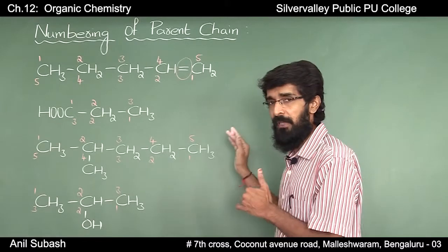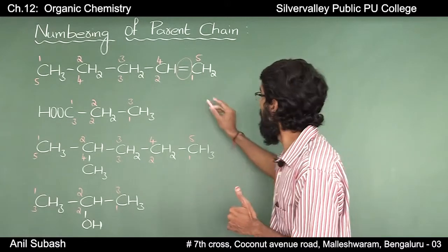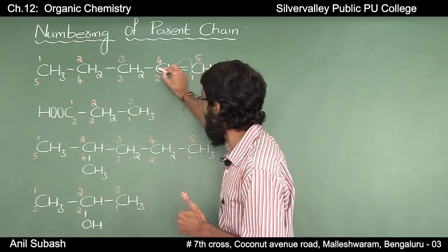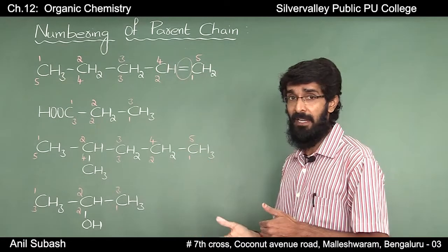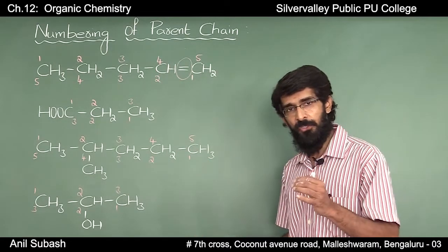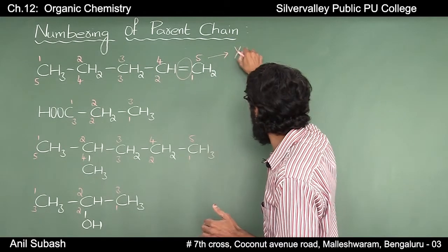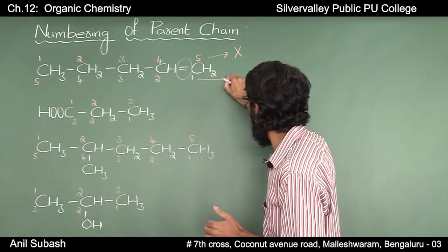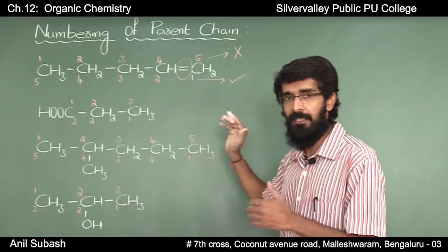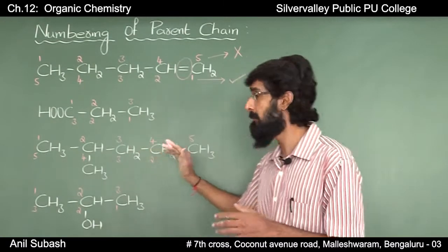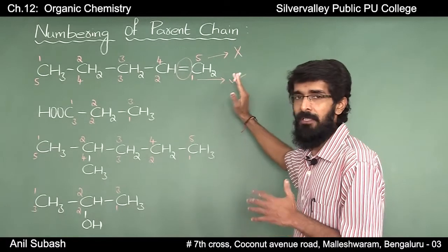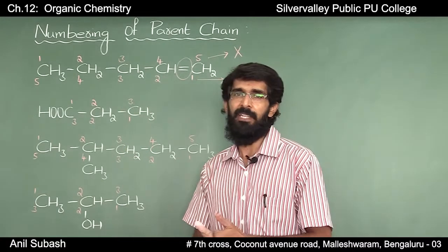And if I number it from the right hand side, the double bond lies between the 1st and 2nd carbon atoms. So, this way of numbering is wrong and this way of numbering is right. That is, in this case, the numbering is done from the right hand side.